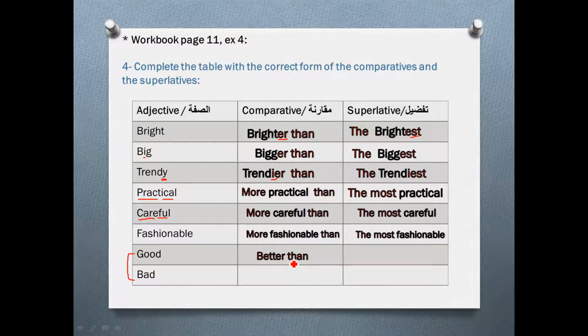And the superlative becomes the best. Now for the bad, سيء, it becomes worse than, أسوأ من, and then it becomes the worst. So good and bad هي من الصفات الغير منتظمة تماما، وبالتالي we cannot add er or est to these adjectives. هذه صفات غير منتظمة يجب علينا أن نحفظها.